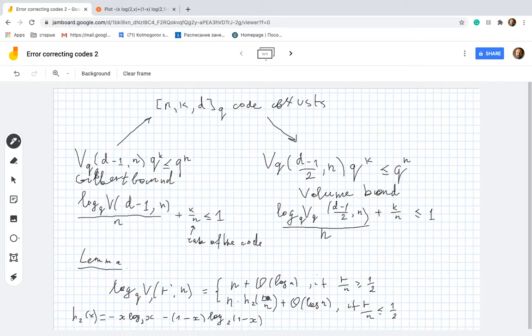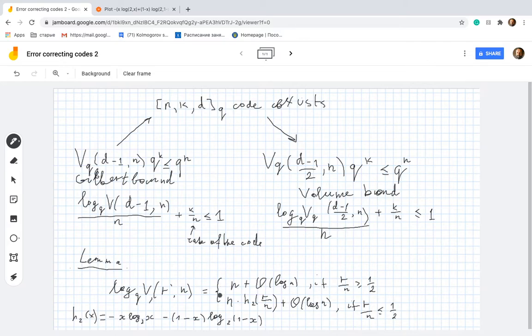Actually it's not hard to see that when the radius is increased by 1, the volume of the ball is increased at most n plus 1 times. So when we take the logarithm, this difference becomes log n, and so it's not important here whether we take r or r minus 1, the formulas are the same.